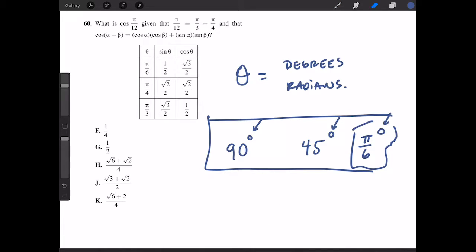Now radians, let me show you some radian angles. So the pi over 2 could be one, pi over 4, but so is a 2. Let me give you another example here. I can do this one, 45.